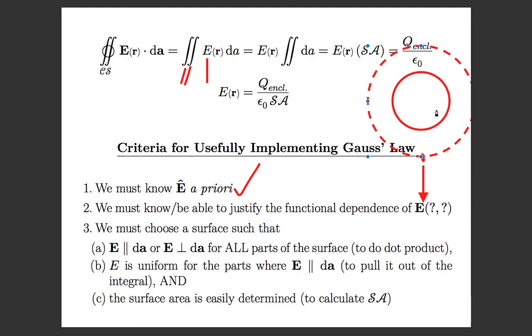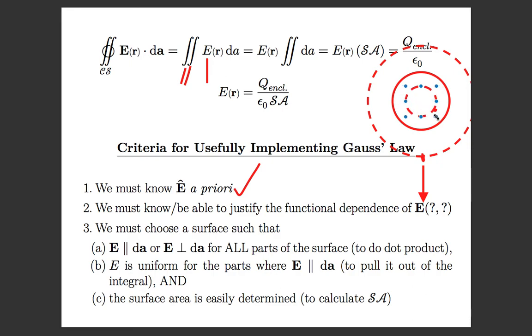If I wanted to know the field right here, then I would need to choose a different Gaussian surface. I would need to choose a Gaussian surface that is smaller and touches the ball in there. And there we go.